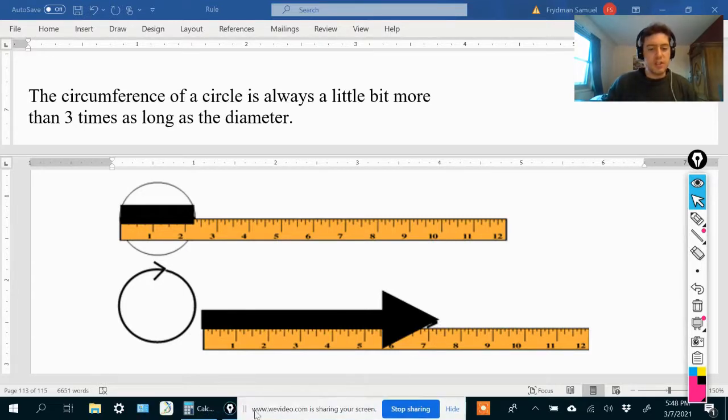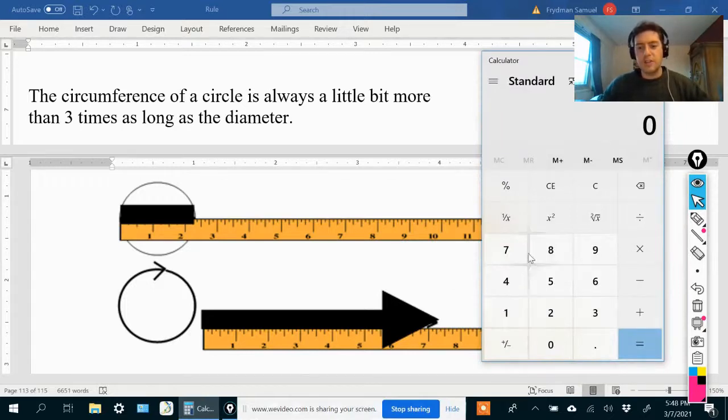So let's go ahead and just take a calculator and divide 7¼, which is 7.25, by 2¼, which is 2.25. And we get 3.2 repeating there. So here the digit of 2 seems to repeat over and over again.